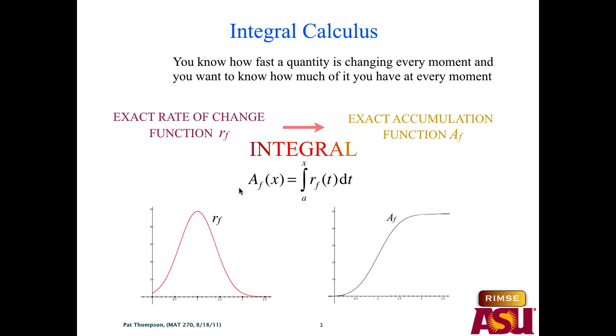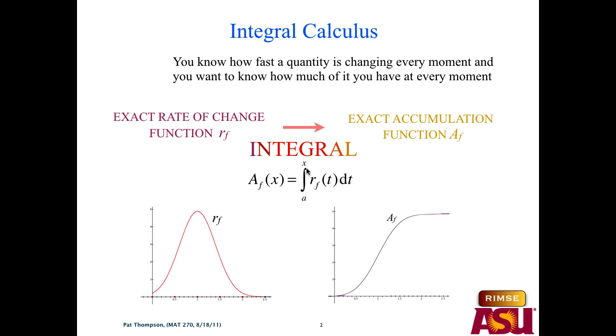But my exact accumulation function, a sub f of x, is given by, so there's this symbol here, this kind of squiggly line. It came from a stylized Germanic S for sum, just like we used the Greek sigma for sum when we had delta x size intervals.